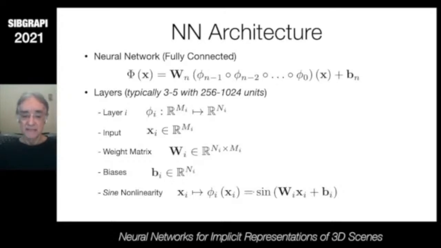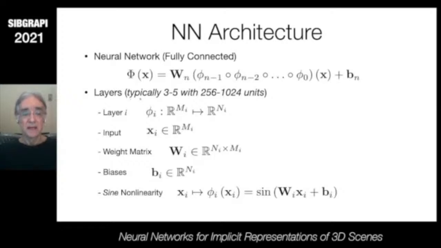We apply the sine non-linearity. And this network has a width that's the number of layers, and each layer has some number of neurons.